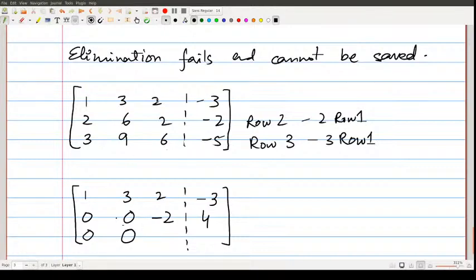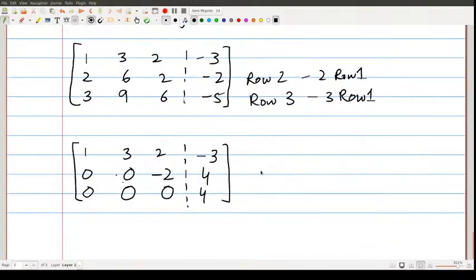And 6 minus 3 times 2, which is 0. And minus 5 minus 3 times 3, which is 4. Okay. And now at this point we have a problem.